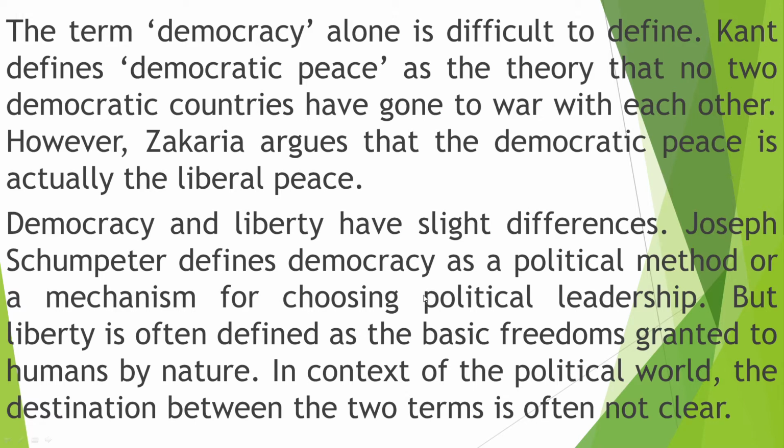Joseph Schumpeter defines democracy as a political method or a mechanism for choosing political leadership, but liberty is often defined as the basic freedoms granted to humans by nature. In the political world, the distinction between the two terms is often not clear.